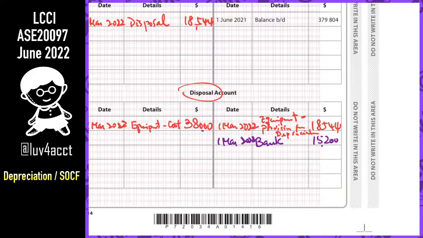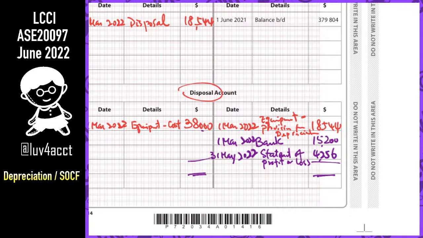So we are making a loss of 4,256, to be put as the last day of the year 2022, statement of profit or loss. Okay, balanced.